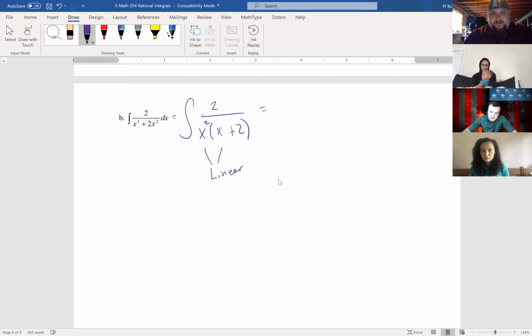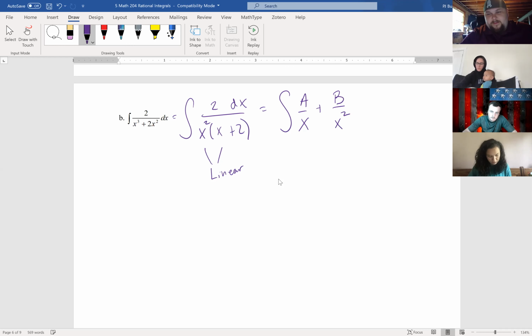So when I write this out, I need a over x plus b. I go up a power to x squared. That takes care of the x squared linear repeated term. And then for the last part, I'm going to use d instead, just so that, at the end of the problem, we always put plus c.